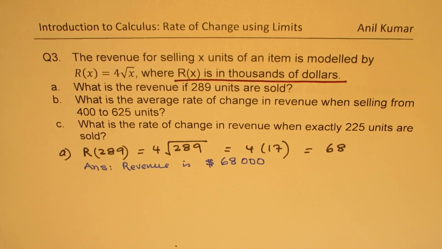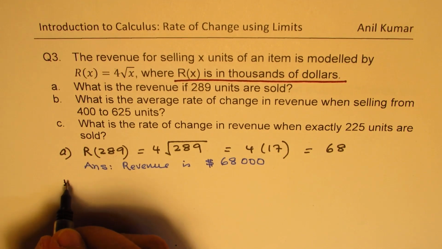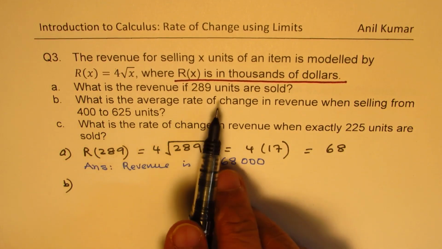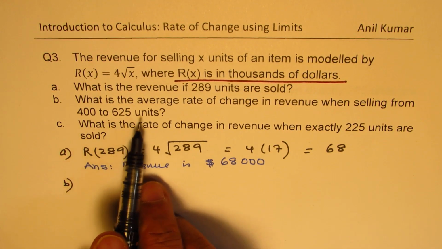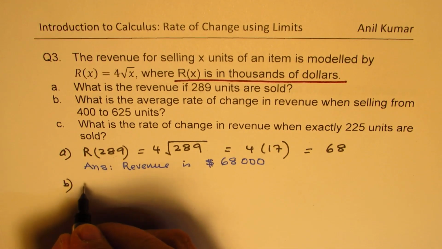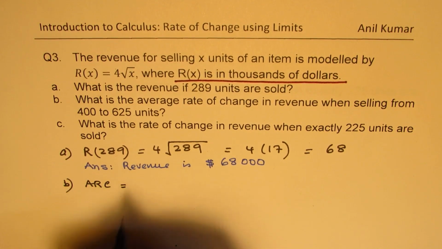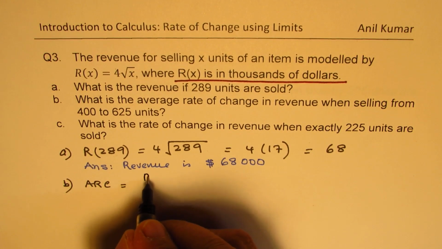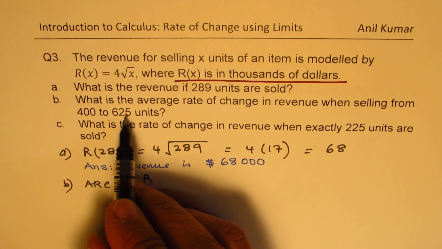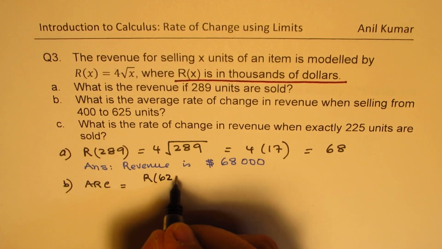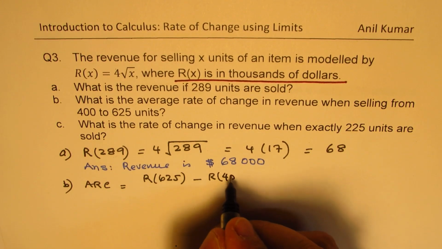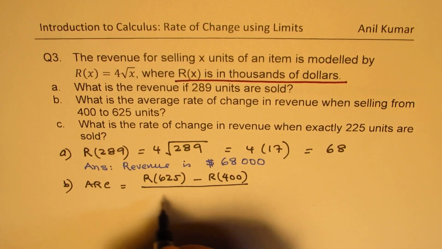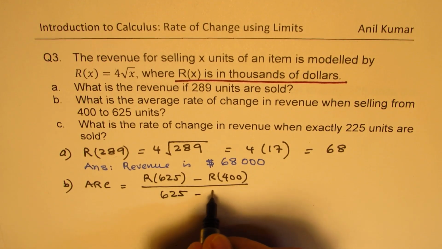Now let's do part B, which is based on average rate of change. What is the average rate of change in revenue when selling from 400 to 625 units? So average rate of change is equal to revenue for the higher value, which is 625, minus revenue for 400, divided by 625 minus 400.